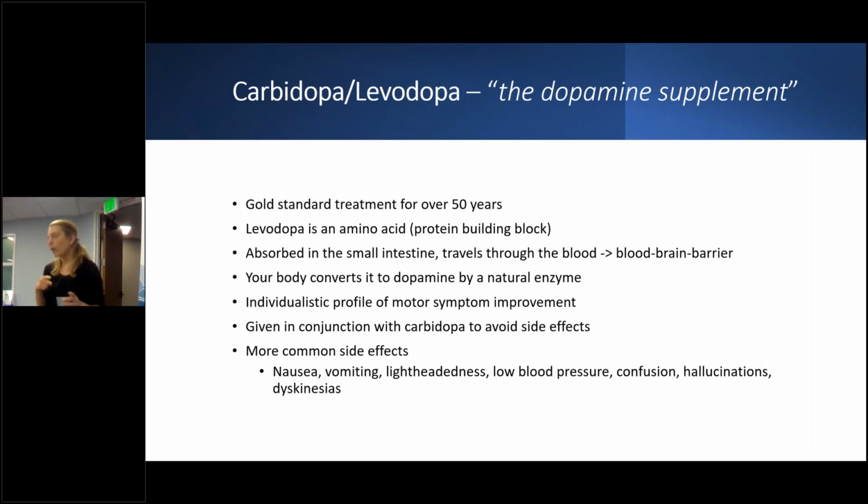But levodopa, we absorb it there, then it goes into our blood, crosses the blood-brain barrier, okay, which is this covering around the brain that protects it from toxic things, but some medications like levodopa have to get through. And your body converts that levodopa to dopamine by a natural enzyme that we all have, and then we get more dopamine.